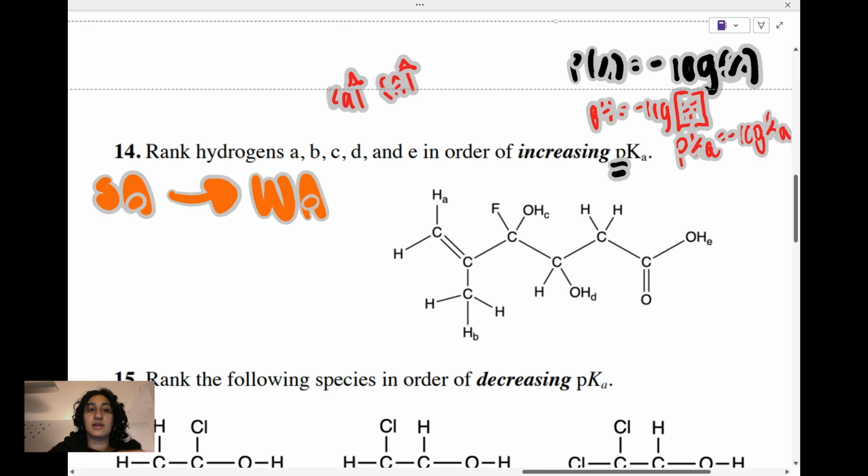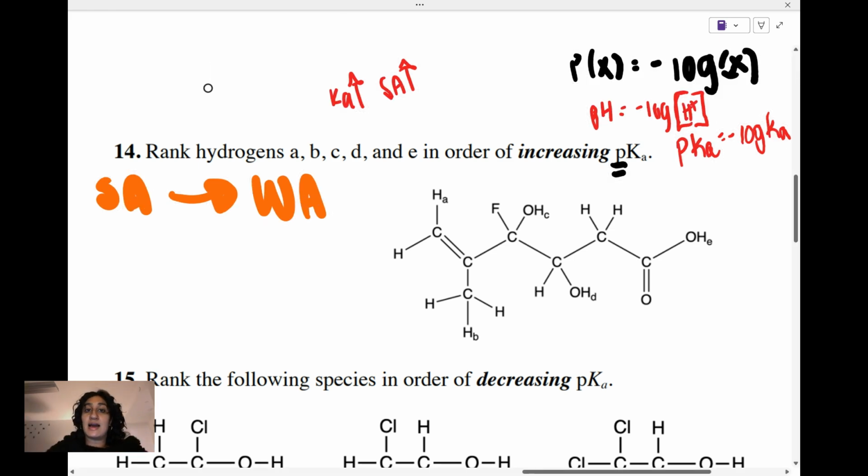Okay, what I meant earlier is that I like to look at things that are connected to each hydrogen. So for example, I'm going to compare A and B because they're both connected to carbons, and I'm going to compare C, D, and E because all three of them are connected to oxygen. So first, when we compare A and B, they are different because here there is a pi bond and here there is a sigma bond.